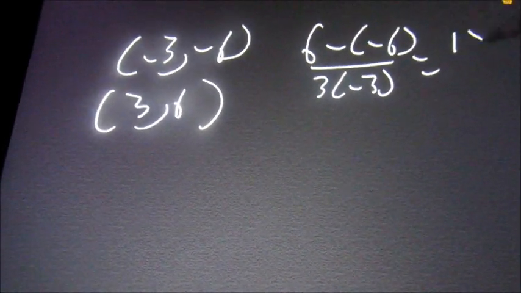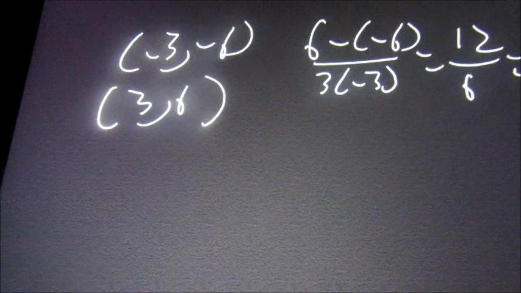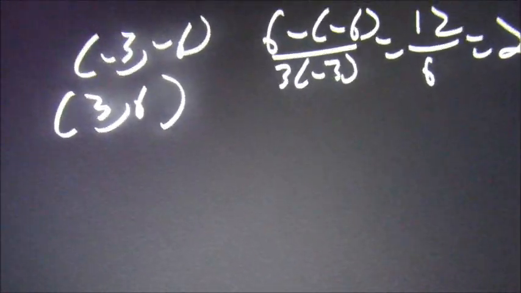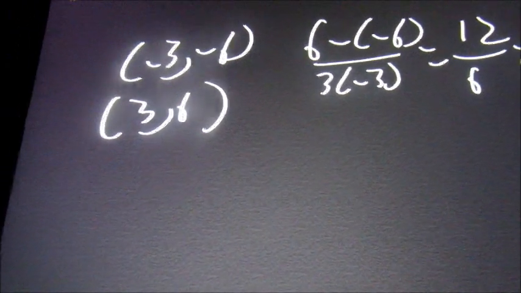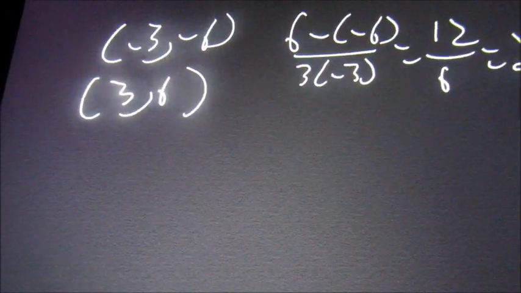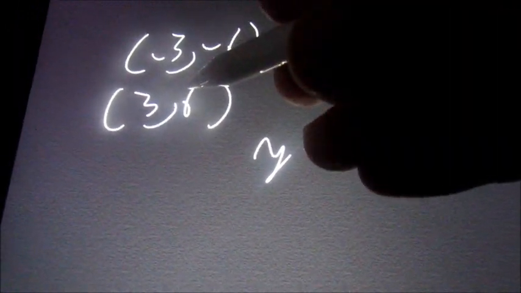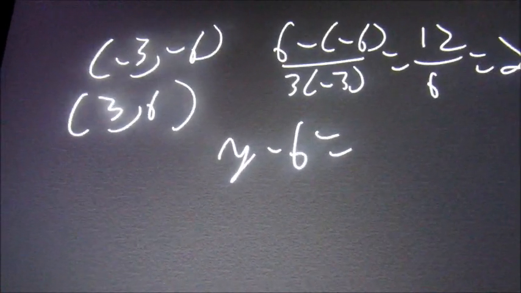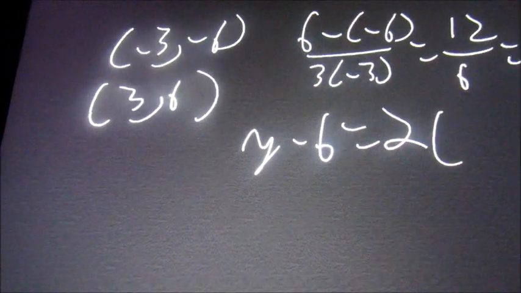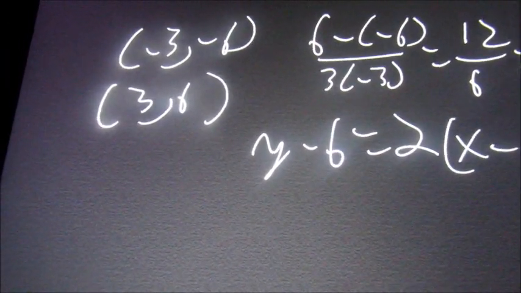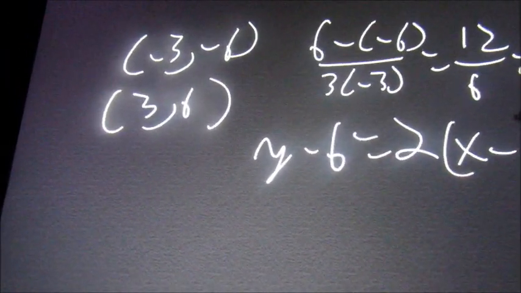That's going to equal 12 over 6, which equals 2. So now I need to put it into point slope form because I don't have one of the intercepts. I'm going to use this bottom one. So I'm going to say y minus the y here, which is 6, equals the slope, which is 2, times x minus the x, which is 3.